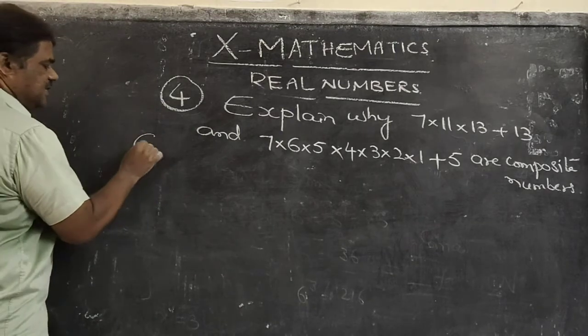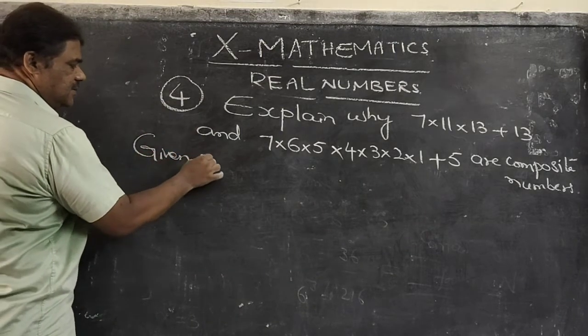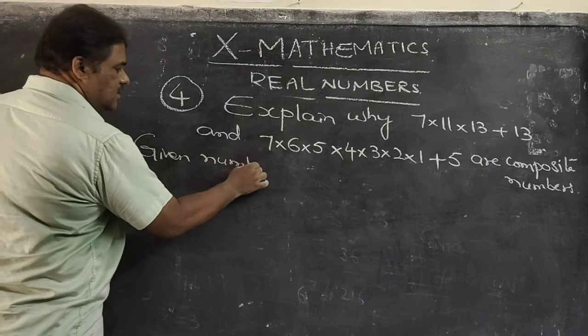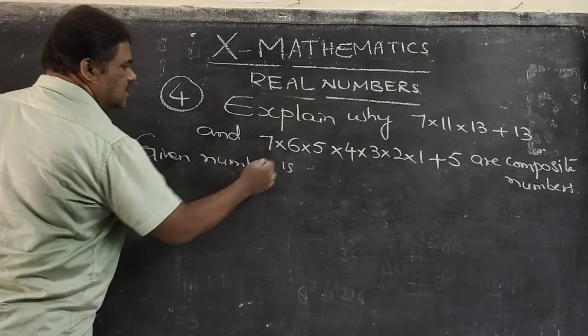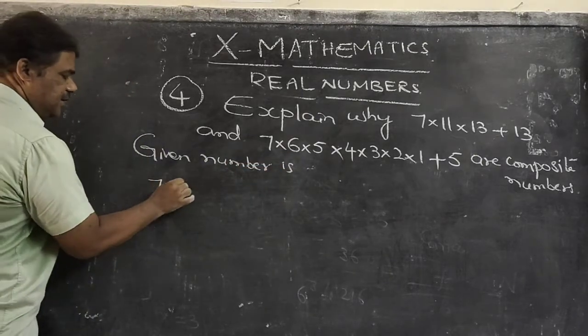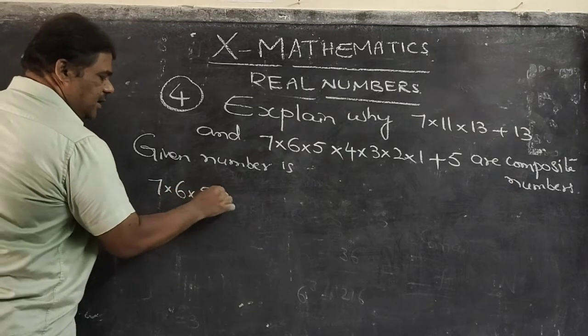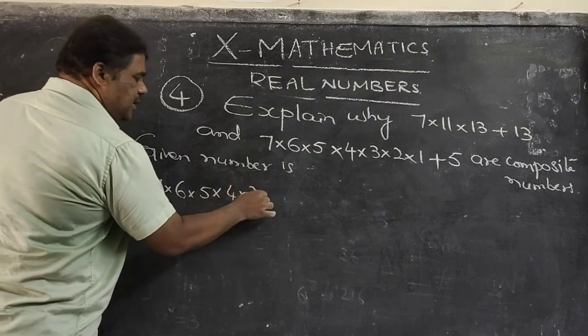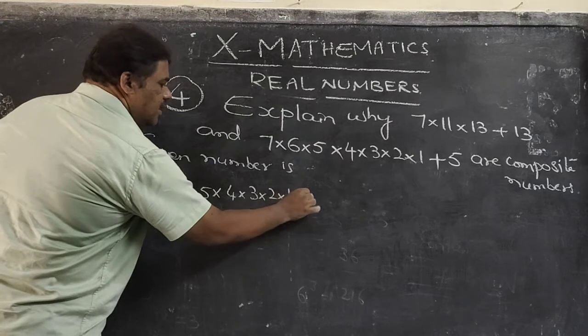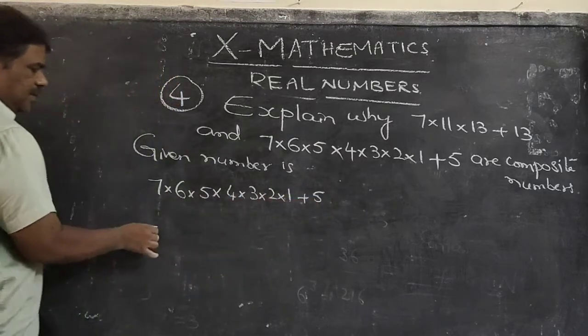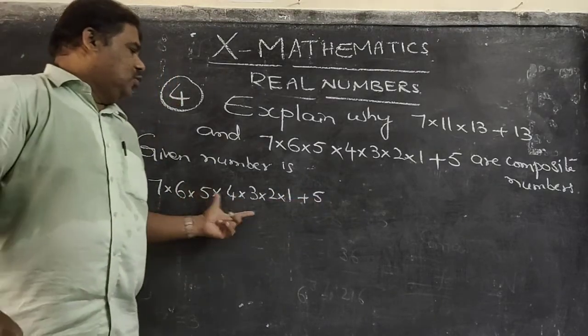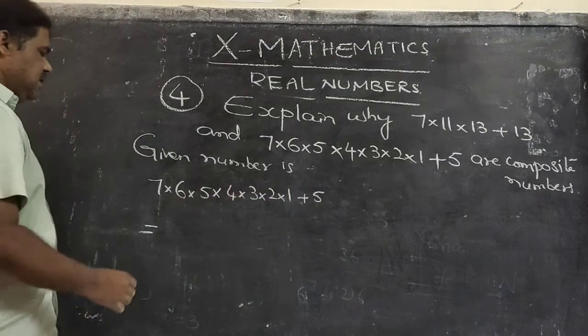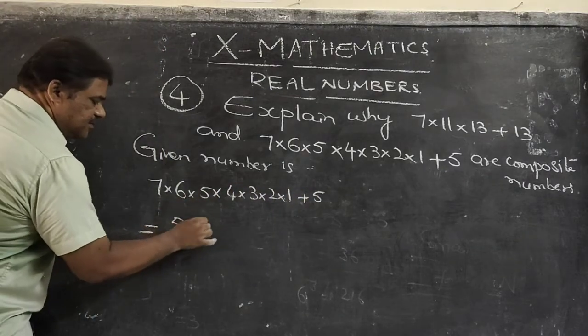So here first let us take the given number. 7 into 6 into 5 into 4 into 3 into 2 into 1 plus 5. Here two terms are there, 5 is common. Let us take 5 as common.